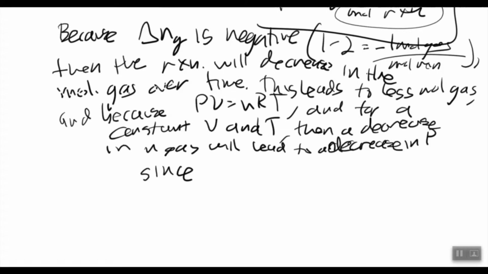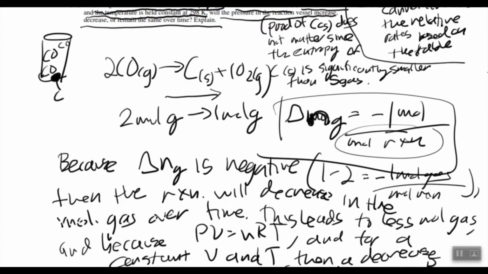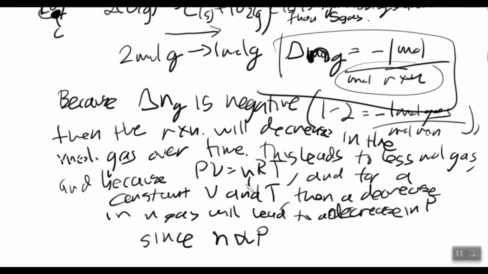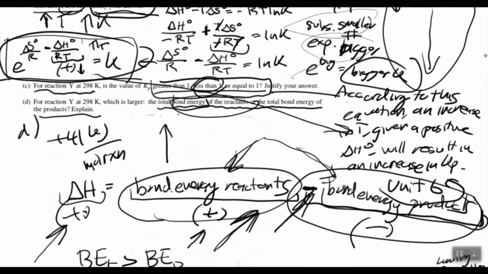You don't have to write this, but I'm going to write this: moles of gas is proportional to pressure according to this equation, since they are on opposite sides, and we can see that a decrease in moles will lead to a direct decrease in pressure. So that's what it means for N to be proportional to P. So there you go. That's how you do that free response. It was kind of tough, but we did it.